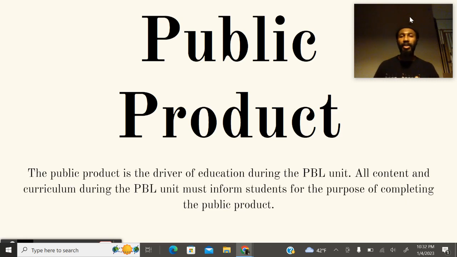But the challenge in a PBL unit is that we want to make sure that the content we're teaching is the content that is relevant to complete the public product. So you really have to scope your content for the purpose of the public product. The way you determine what content you teach is by deciding what students need to know to make or complete this public product or project.